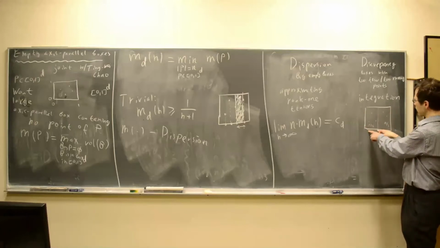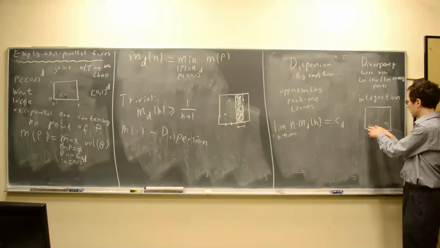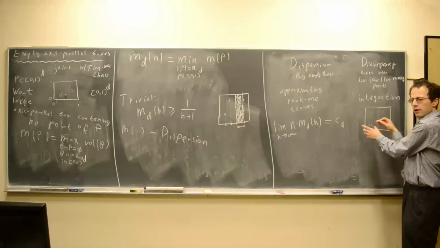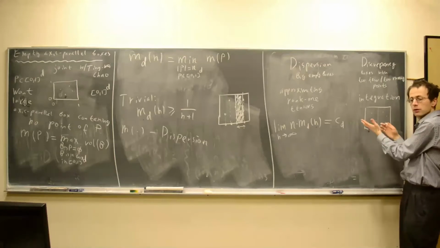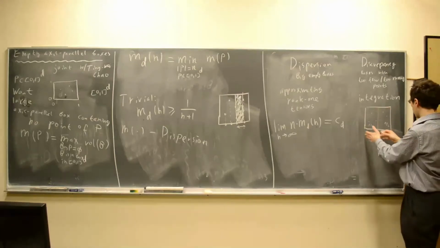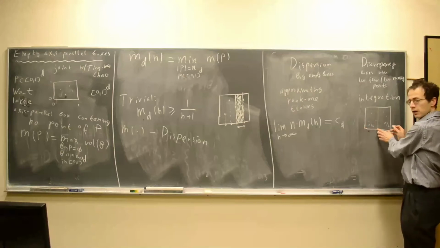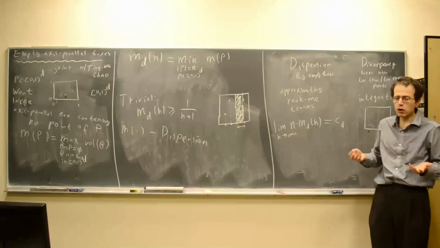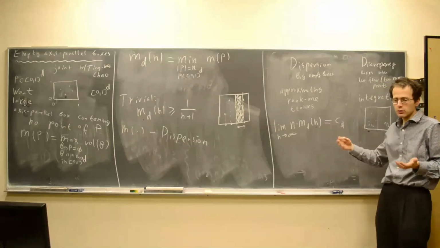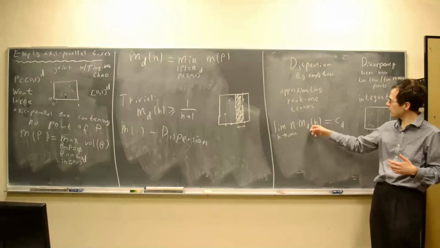On the left you have a box. It's not a box whose sides are equal in dimension, but you can scale one of the dimensions so it's really a box, so I'll still call it a box. It's a box on the left and a box on the right, with n over 2 points on the left and n over 2 points on the right. So you can now use what you know about sets of size n over 2. So you manage to relate the value of this function at n and n over 2.